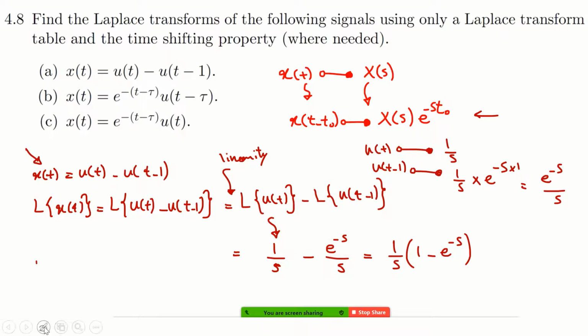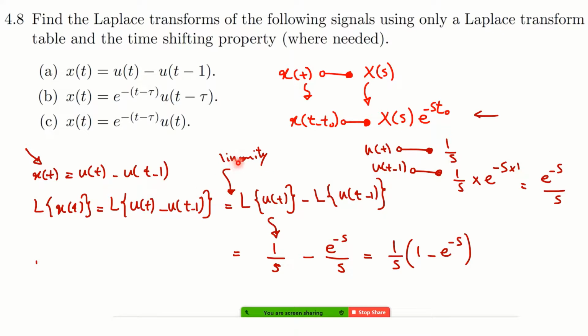Okay, once again, we want to find the Laplace transform for this signal x(t), but x(t) has two parts, u(t) minus u(t minus 1). So the Laplace transform of x(t) equals the Laplace transform of u(t) minus u(t minus 1).